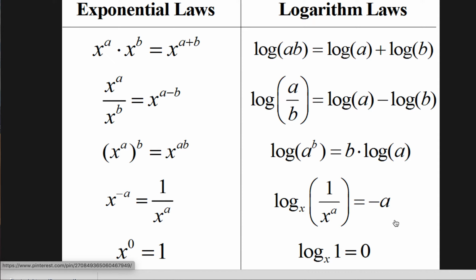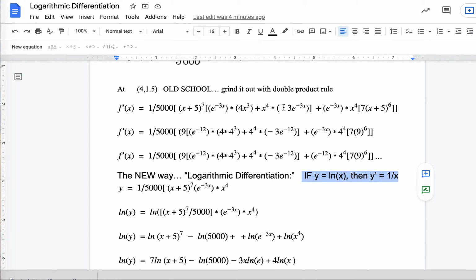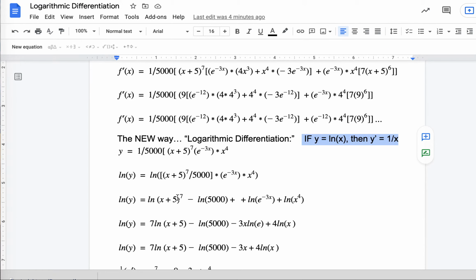But what we do is we go back to our function, and this is the original function, and just for simplicity's sake, I'm going to put this x plus 5 to the 7th on top of 5,000. Then when I apply the dividing rule for laws of logarithms, it's going to be the log of the first minus the log of the second.